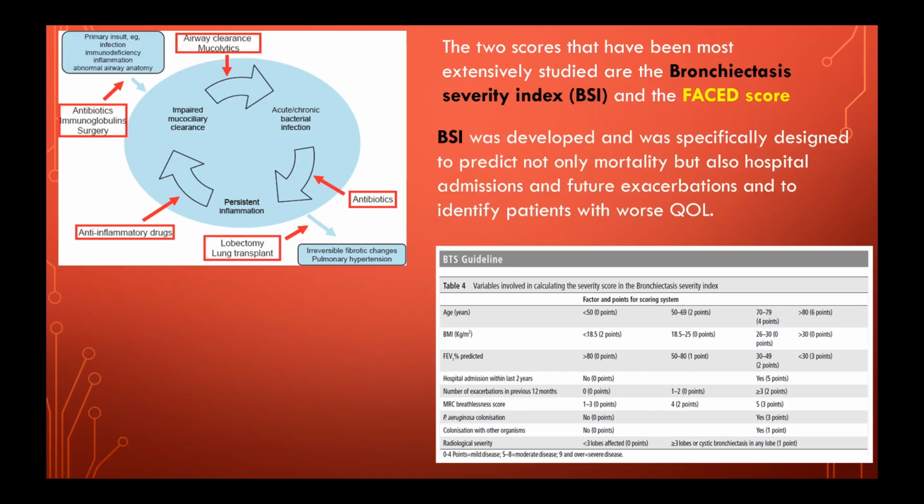So these are the parameters that have to be taken into consideration. Age, BMI, hospital admission within last 2 years, number of exacerbations, MRC breathlessness scale, and infection present, colonization, radiological severity. All these things are taken.